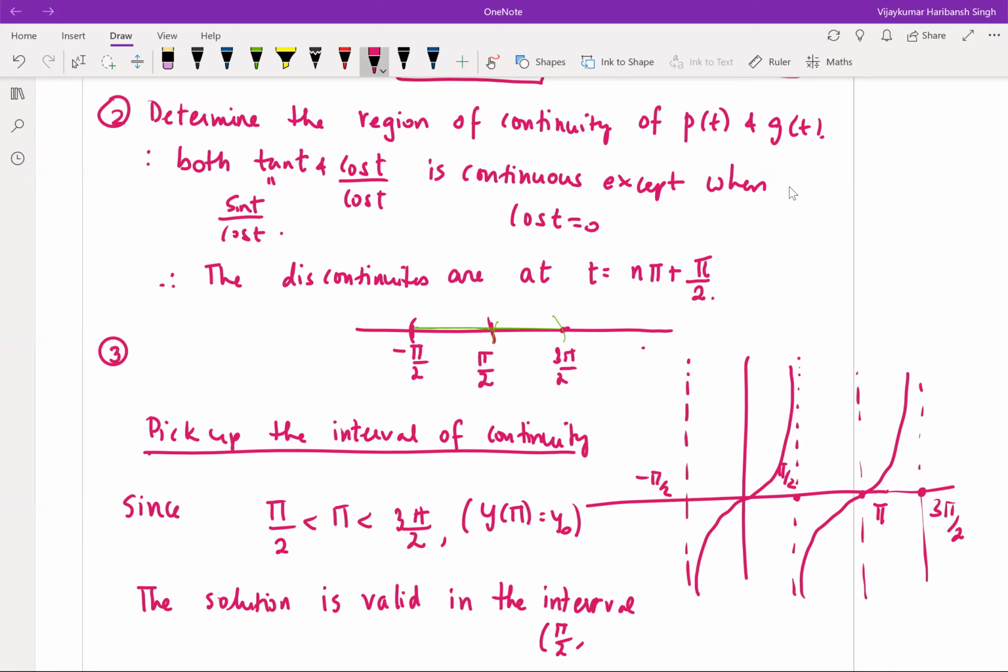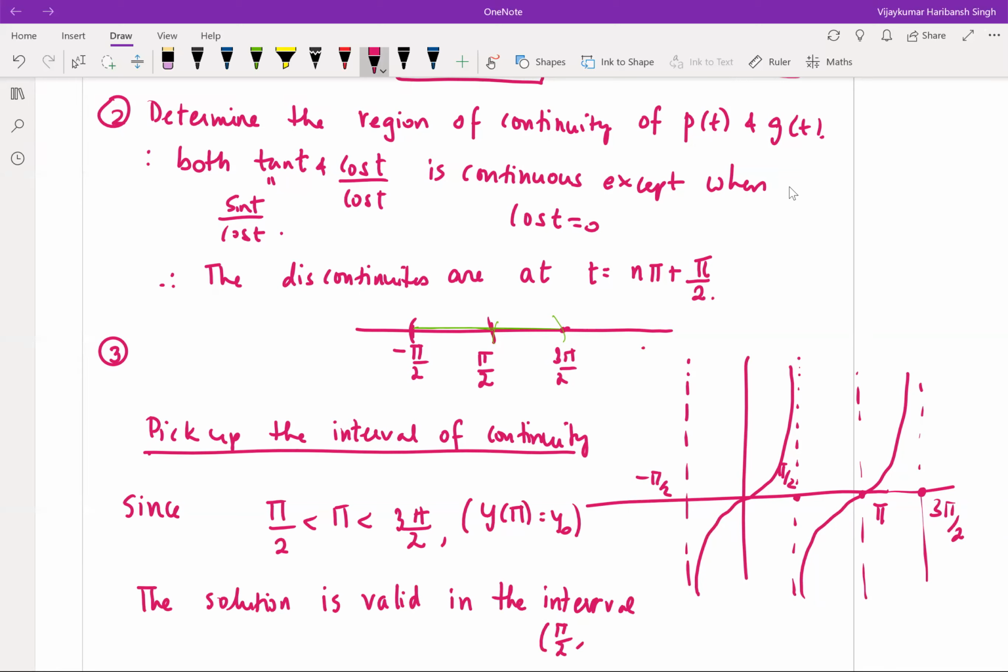Okay, so let's move ahead and compare this case with the nonlinear differential equation. So we are investigating the first order differential equation y prime equals f of t, y.